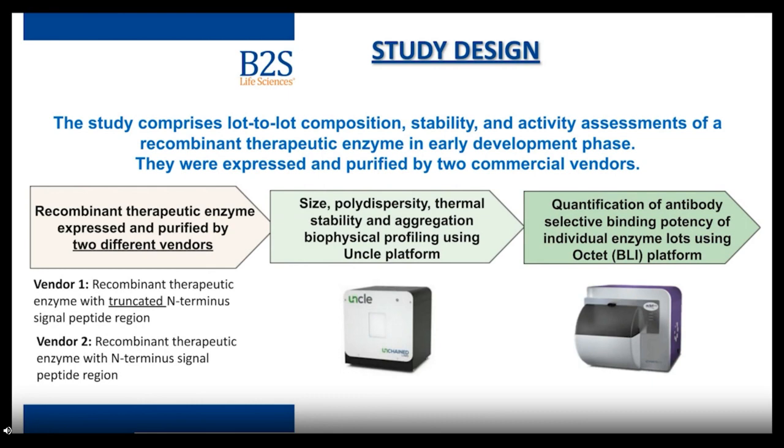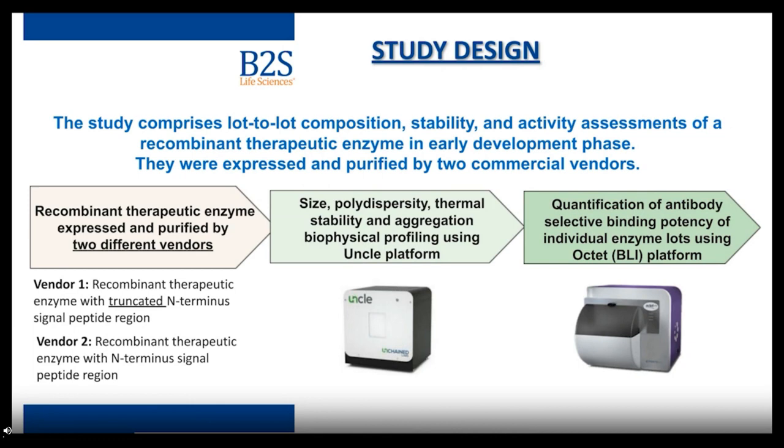On the composition point, we were looking to tell what was in the samples that we received. The stability, we wanted to examine based on how well the enzymes would respond to stresses.